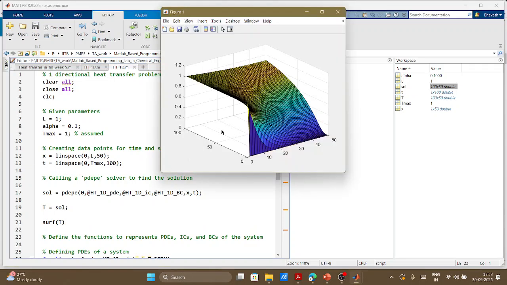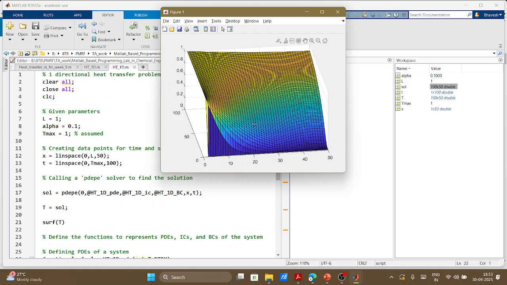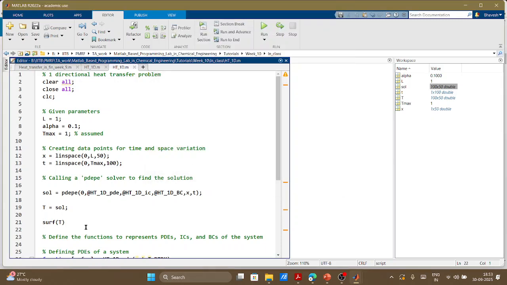So this is how actually it looks like. I haven't labeled them yet, but you can see this is your space axis or x-axis and this is your time axis, okay? Let me do some beautification here.